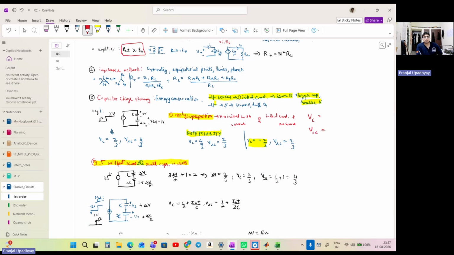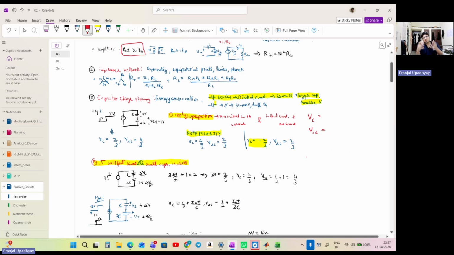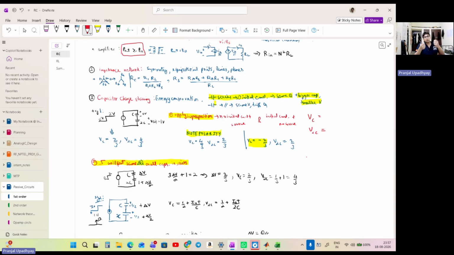The intuition behind a larger capacitor allowing a smaller voltage drop is that Q equals C times V. In series, the capacitors have the same charge, so since C is more and Q is the same, V will be Q by C, and since C is more, the voltage change will be less.